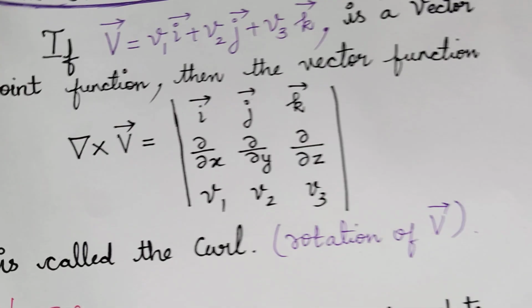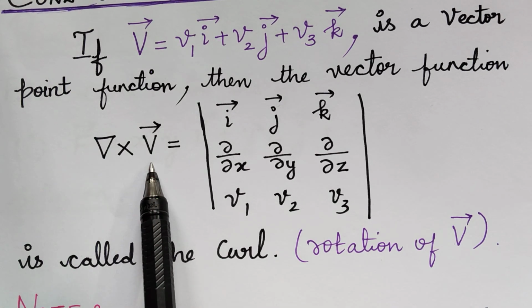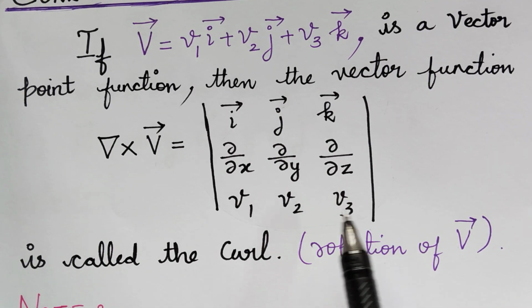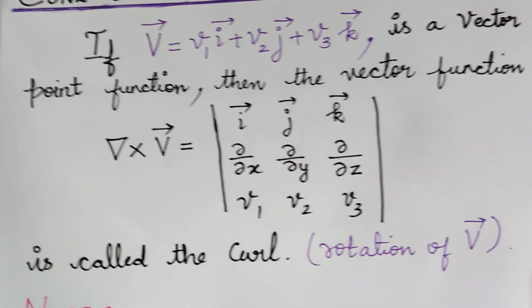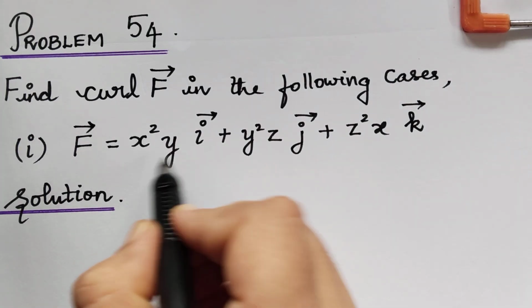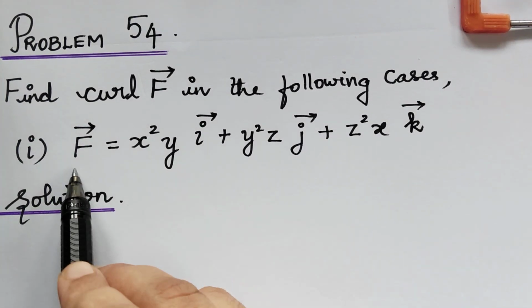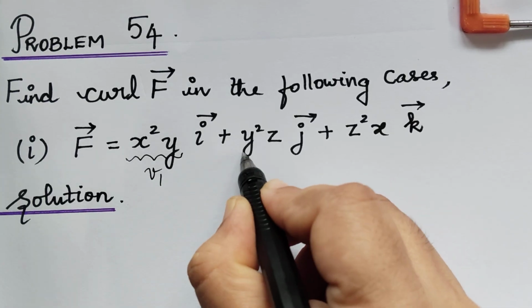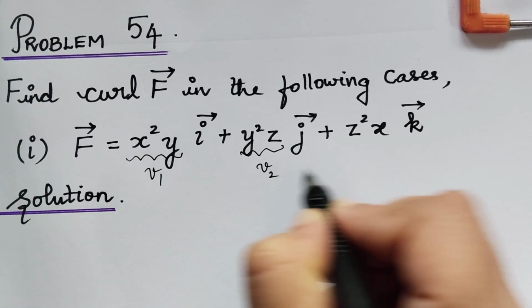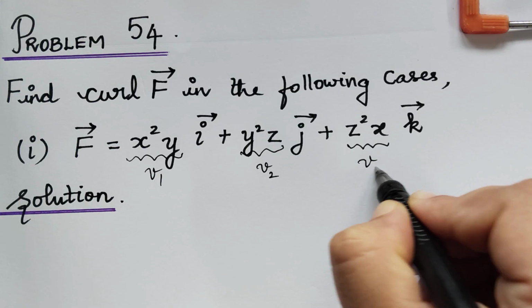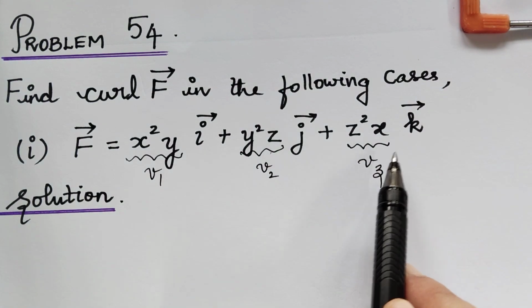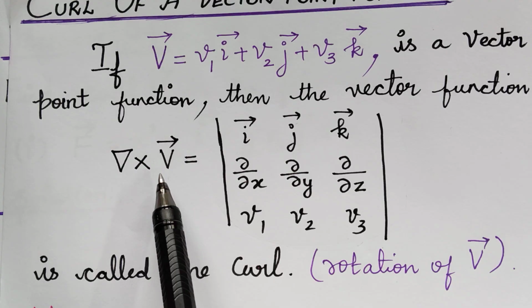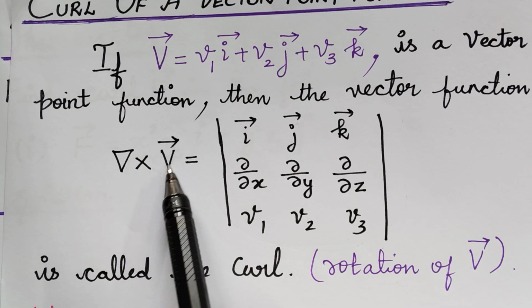We know that the curl of a vector point function v is given by this determinant. Here v1, v2, v3 are the components of i, j and k in the given vector. So this will be v1, this will be v2, and this will be v3. Let us substitute these in the formula, nabla cross f vector, since here we have f vector instead of v.